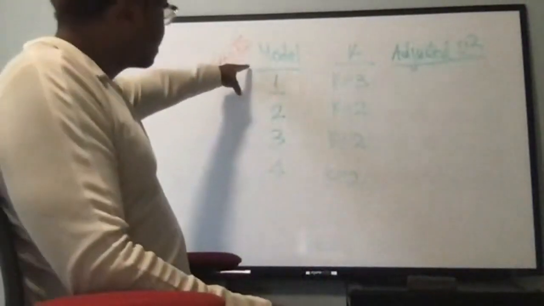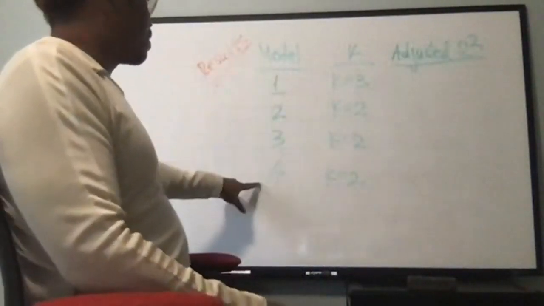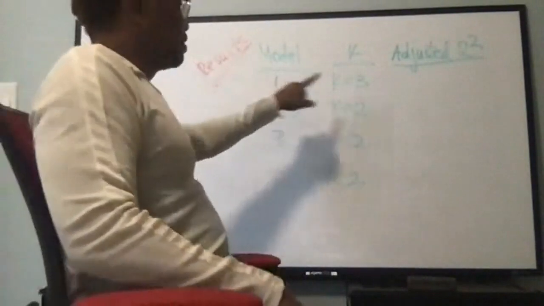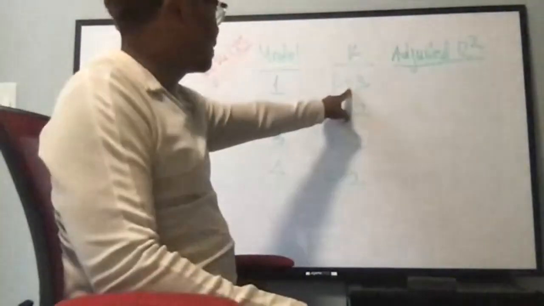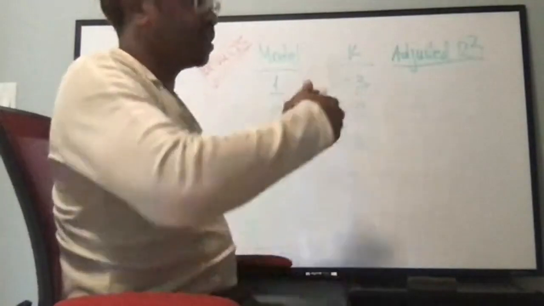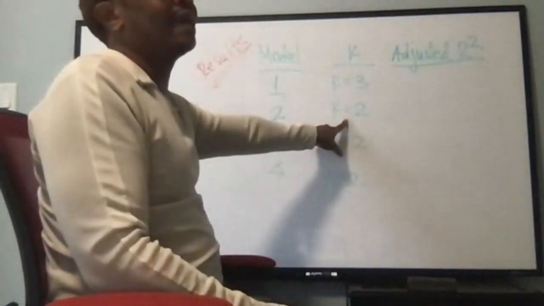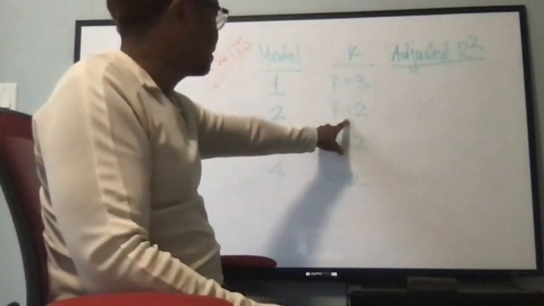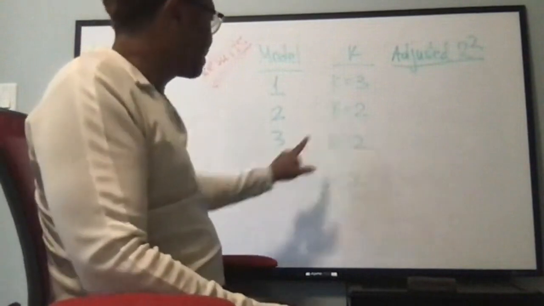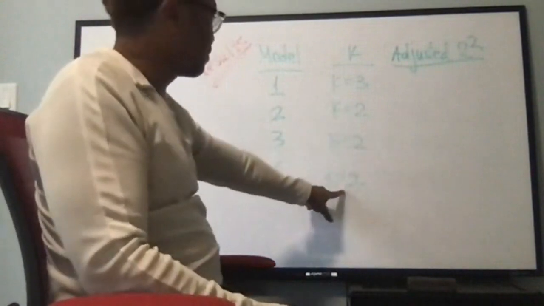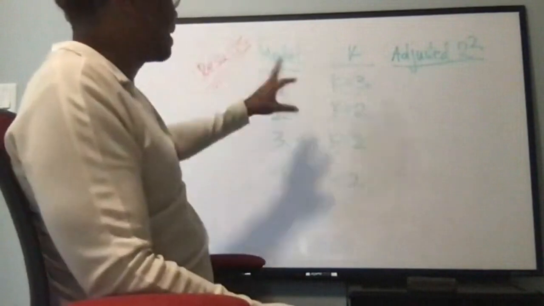I wrote model 1, 2, 3, 4. Now, this first model is when you're looking at all of the independent variables. So this says k equals 3. We're dealing with x1, x2, and x3. Model 2 is when we're dealing with land acres and age, then age and rooms, and then land acres and rooms, right? So these are the different ones we're looking at.